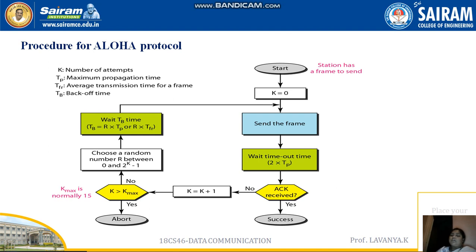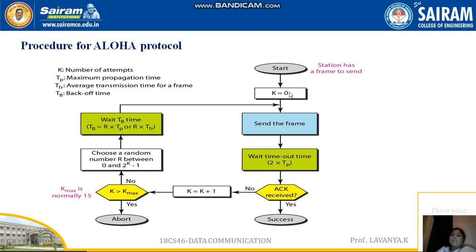Suppose the time runs out or exceeds. During that time, k becomes k plus 1, meaning the number of attempts increases. This is what k is equal to k plus 1 means.